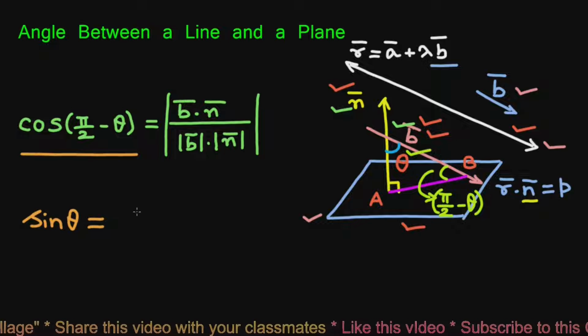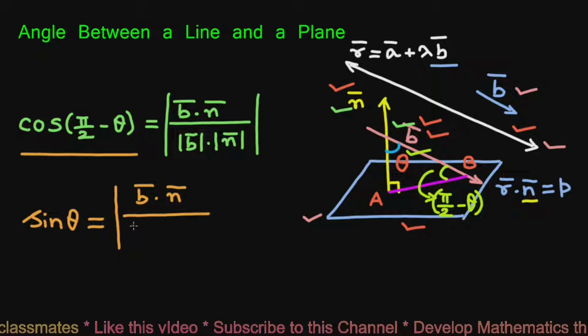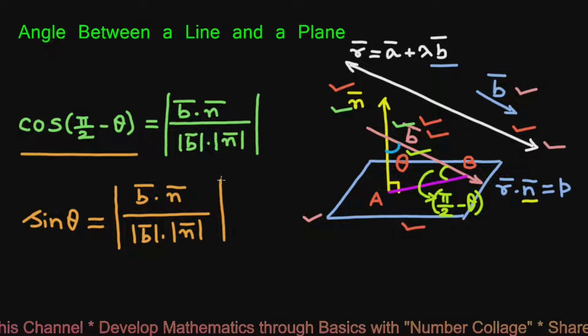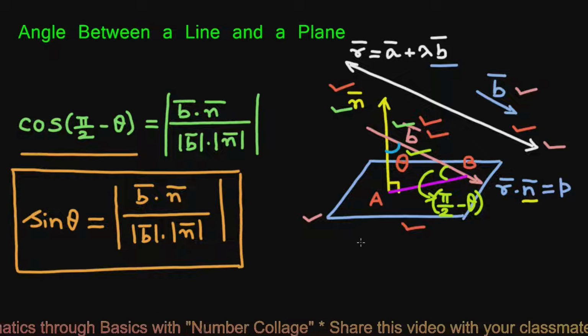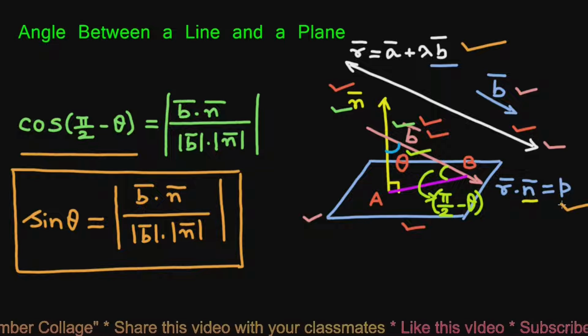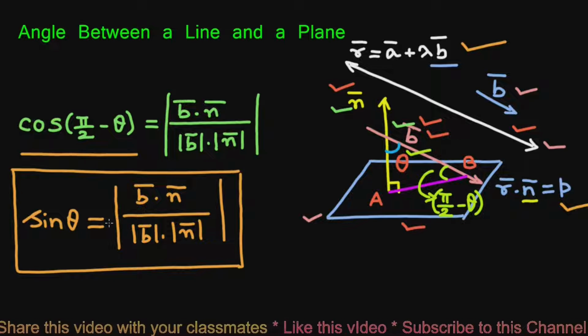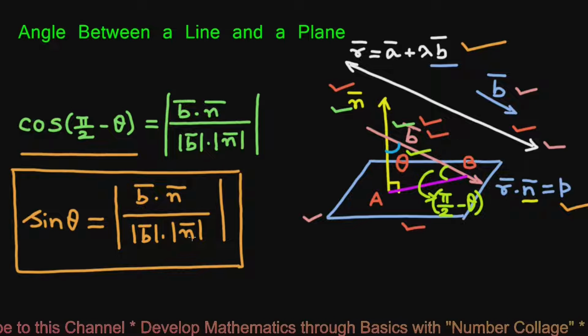So we get the formula sin theta equals mod of b bar dot n bar upon mod b bar into mod n bar. With the help of this formula we can find the angle between this line and this plane.